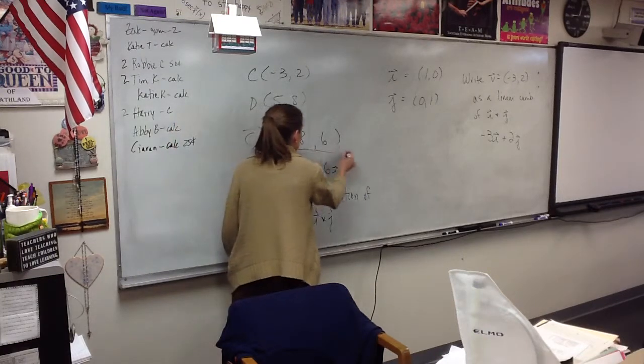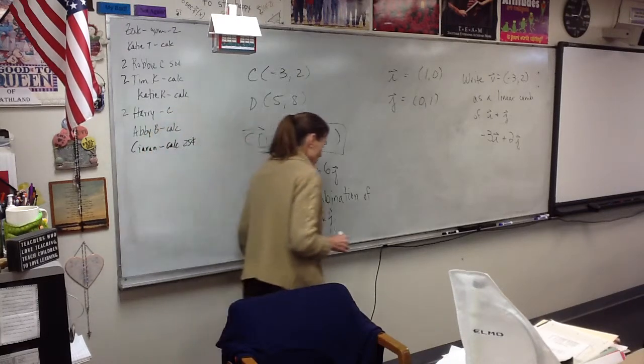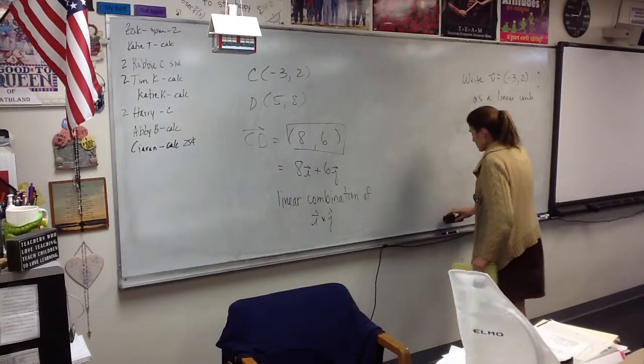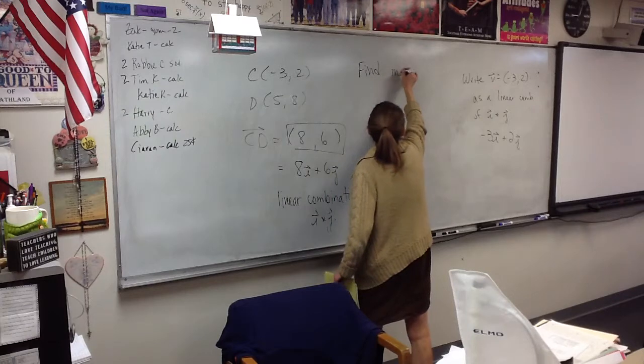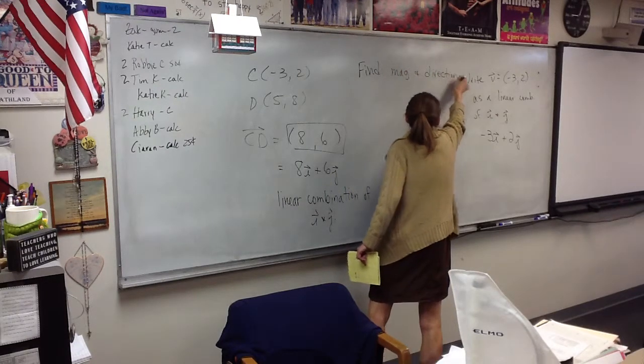Now, let's go back to our vector CD here for a minute. You found the coordinates here of this vector. Let's suppose we wanted to know the magnitude and direction of that vector. So find the magnitude and direction of that vector.